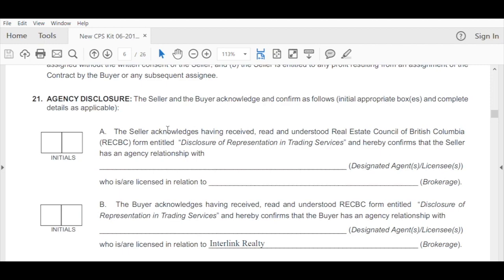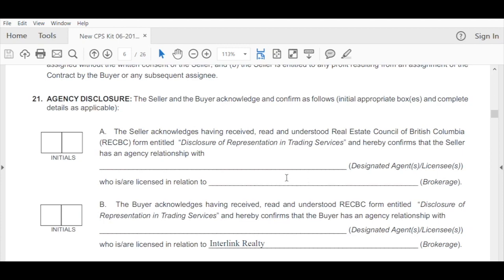If you check box A, it means the seller acknowledges having received, read and understood the Real Estate Council of British Columbia disclosure of representation in trading services, and has confirmed that the seller has an agency relationship with the designated agent for the listing agent, who is working for the listing brokerage.